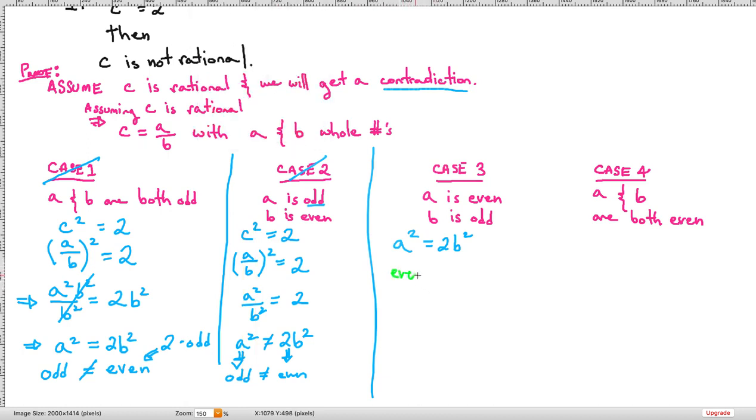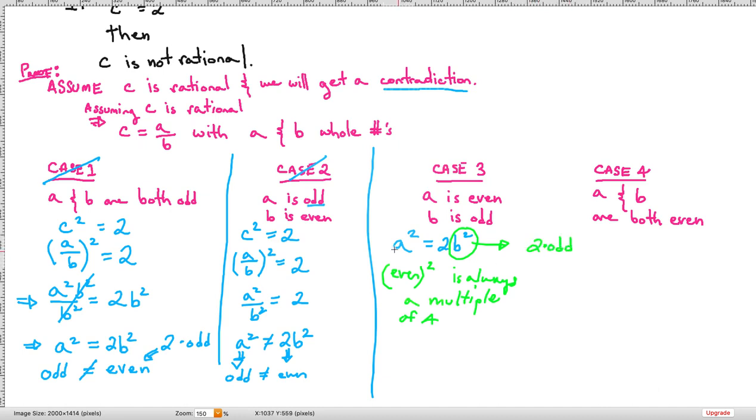The 2 statements you need to convince yourself of are, first, an even squared is always a multiple of 4. And here, b is odd, and an odd squared is odd, times 2 is even, but this is 2 times an odd number.